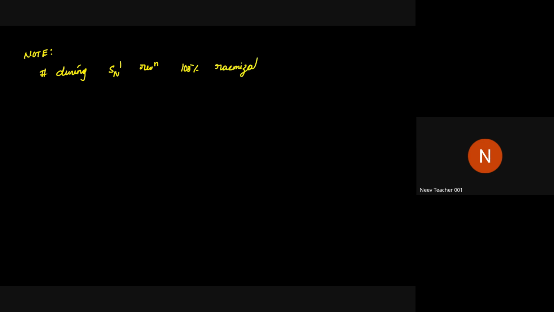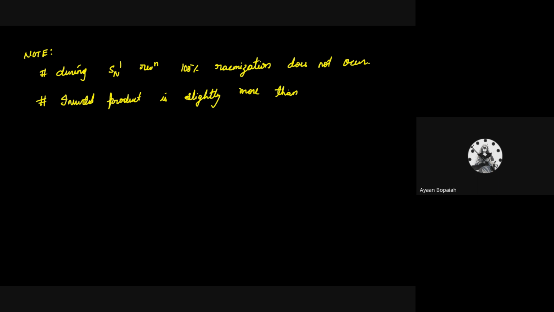Racemization does not fully occur. What happens then? The inverted product is slightly more, the major product, more than the retention product.